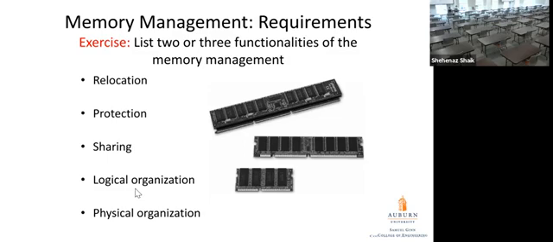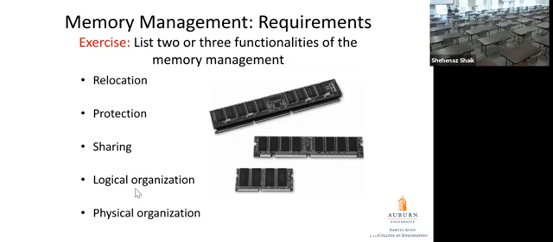But as we all know, if we have multiple processes loaded in the physical memory simultaneously, there can be at most only one process loaded at memory location 0 in the physical memory, right?